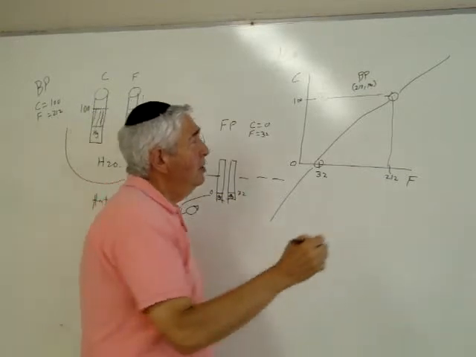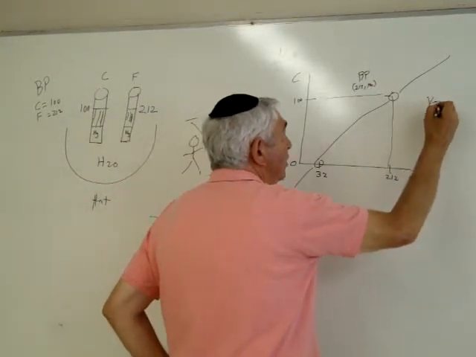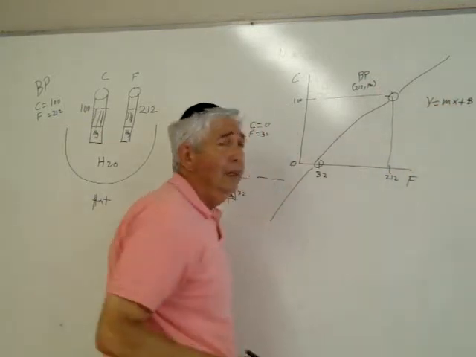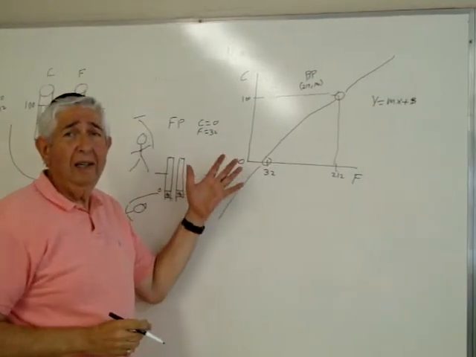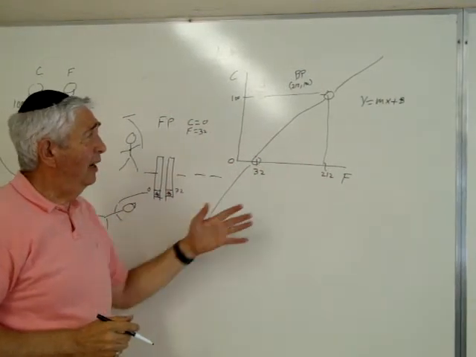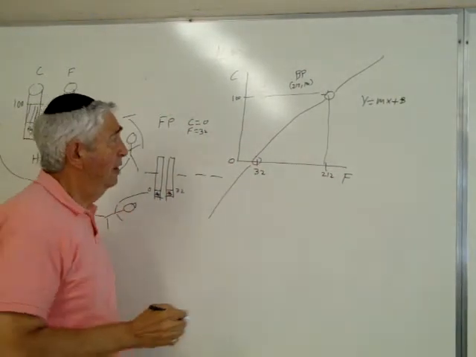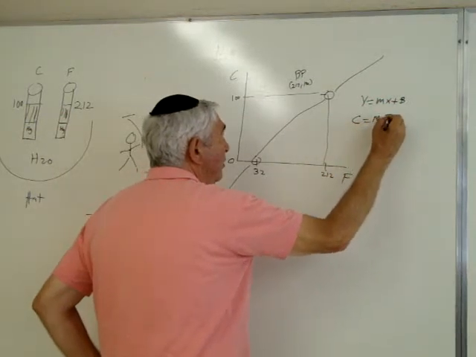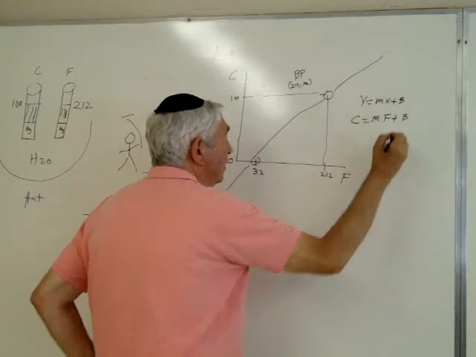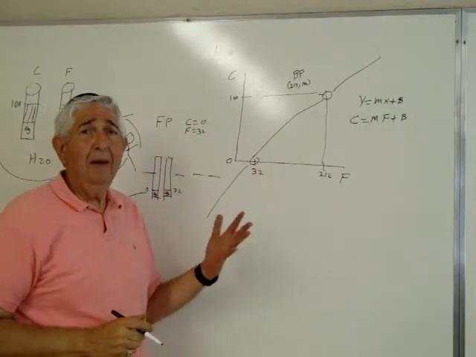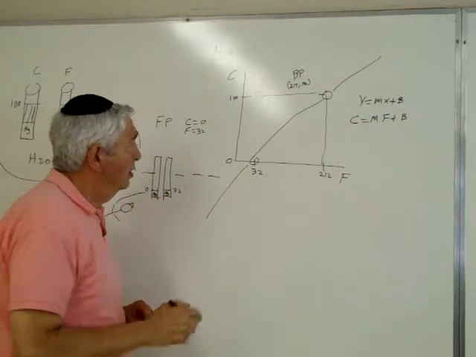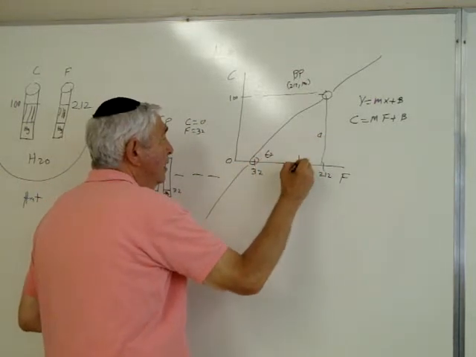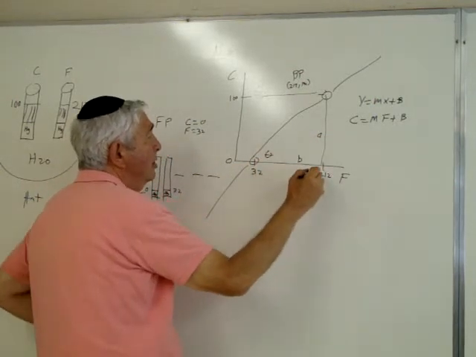Well, the equation of a line is y equals mx plus b. But I don't have a y, I have a C, and I don't have an x, I have an F. So it's C equals mF plus b. Alright, what's m? m is the slope. So what is the slope? The slope would be a over b. So how big is a?